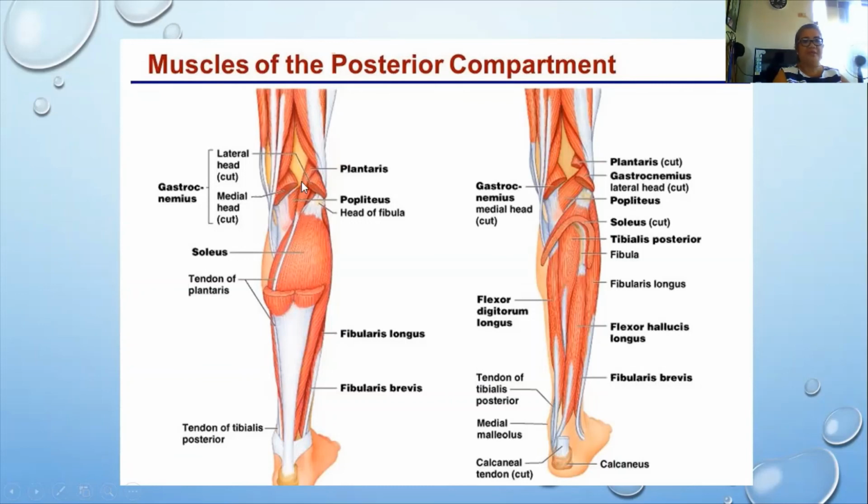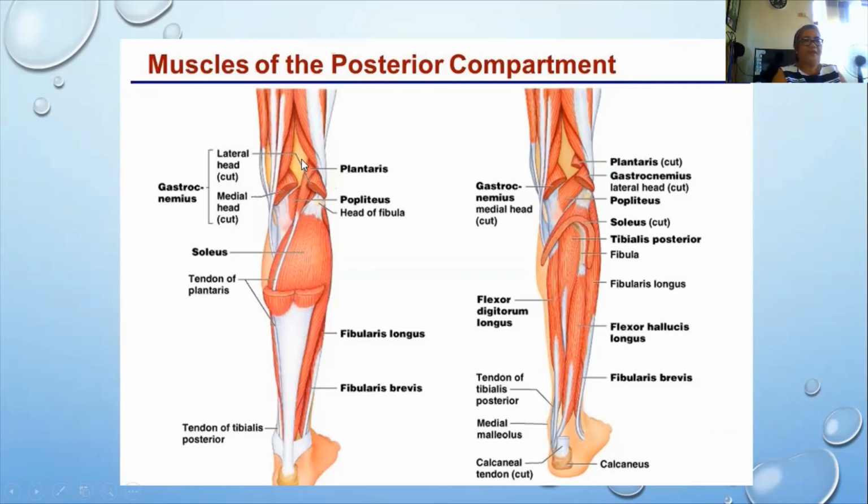So you have the gastrocnemius, the plantaris, then the soleus.